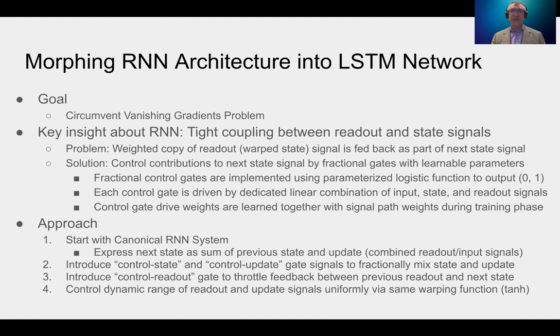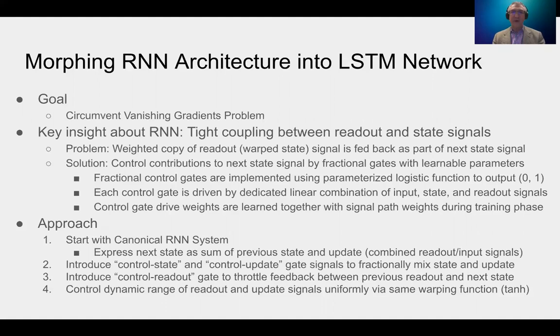Just like the components of the data path signals, the control gates receive contributions from all available signals: the external input signal, the state signal, and the readout signal at the present and previous steps as appropriate. During the training phase, the parameter weights that control the drive input to the gates are learned together with the weights that shape the data path signals of the LSTM network.